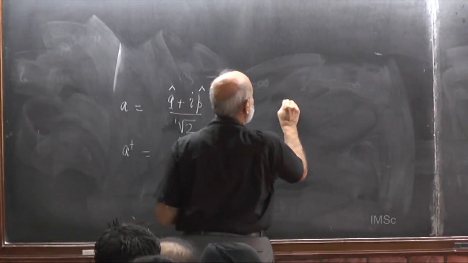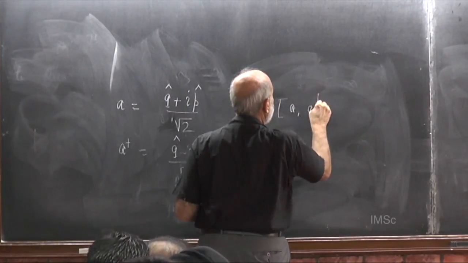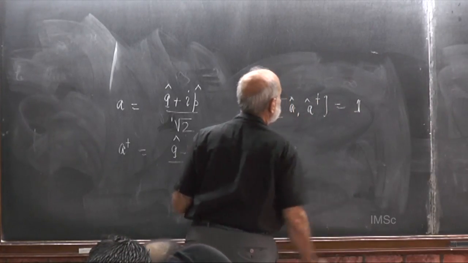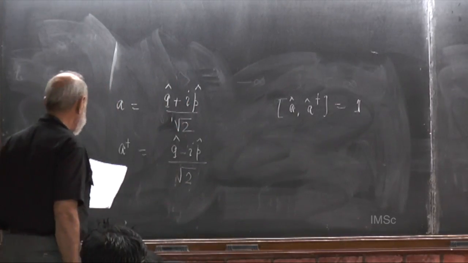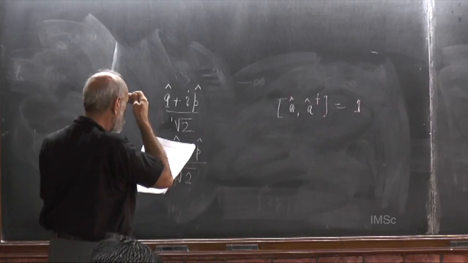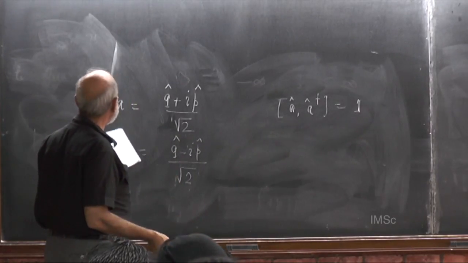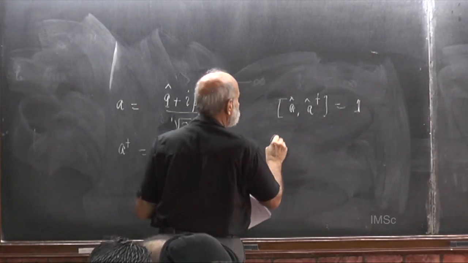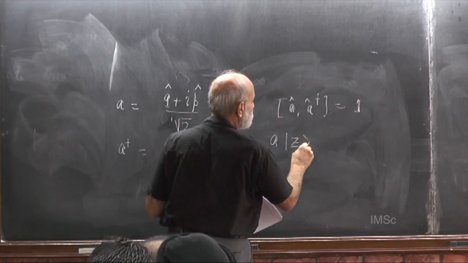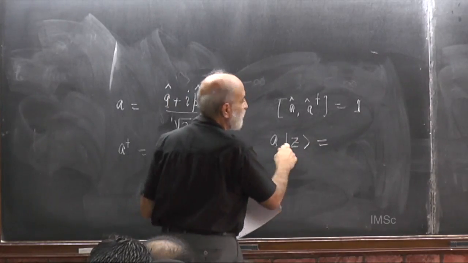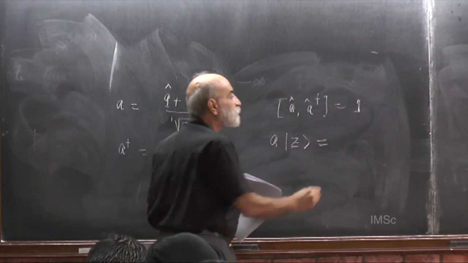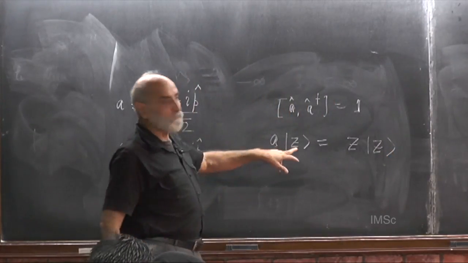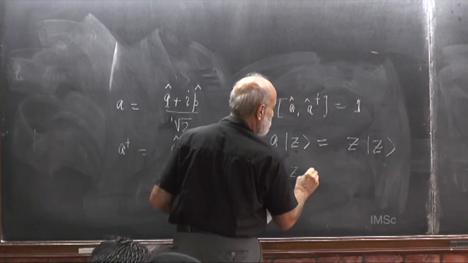So, a hat and a hat dagger obey the commutation relations given here. I have all along put h cross equal to 1. Then we can now ask what are the eigenstates of these operators. It turns out that the eigenstates can be constructed and they are labeled by a complex number z.